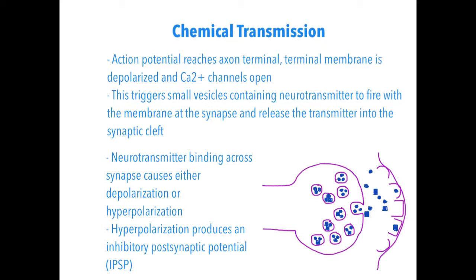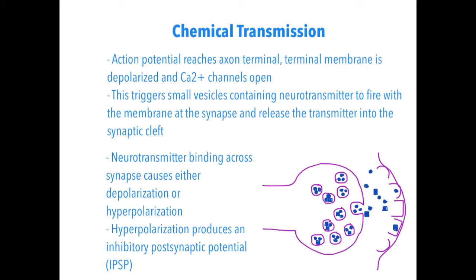The transmitter diffuses across the cleft and binds with specific receptors embedded in the postsynaptic membrane. This binding induces a change in the receptor, which opens specific ion channels and results in an influx of ions, leading to either depolarization, excitation, or hyperpolarization, inhibition, of the postsynaptic cell.